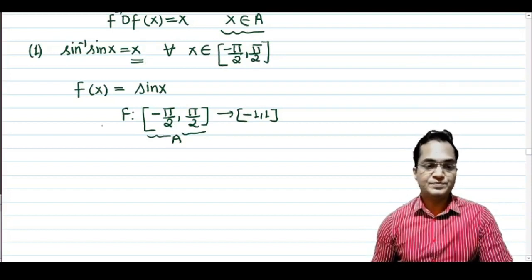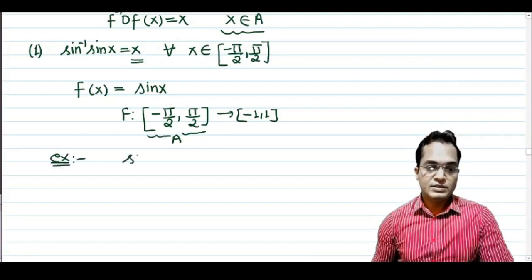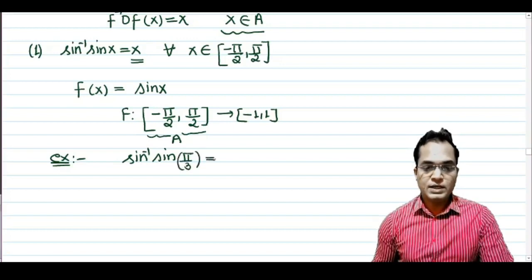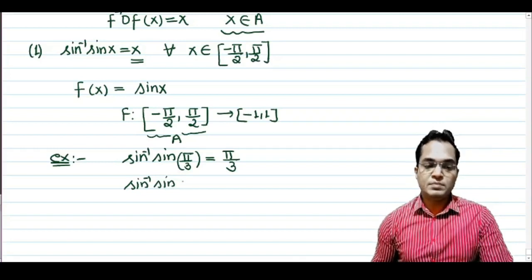It is clear. Let's see some examples for this. Example number 1: sine inverse sine pi by 3. The answer is pi by 3. The next, sine inverse sine pi by 2. Now your answer is pi by 2.